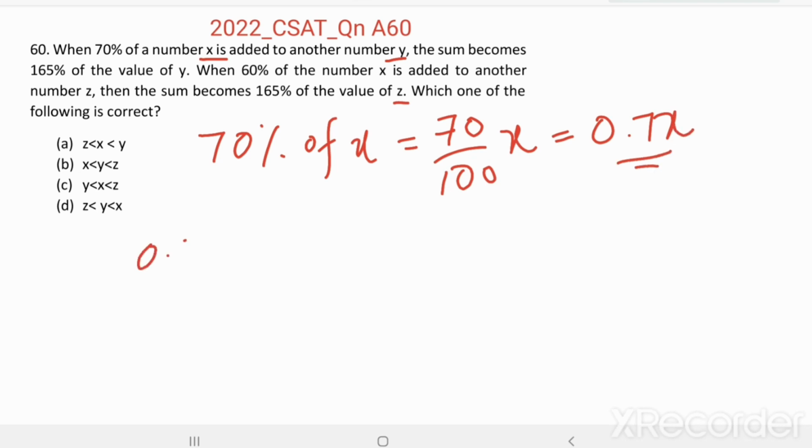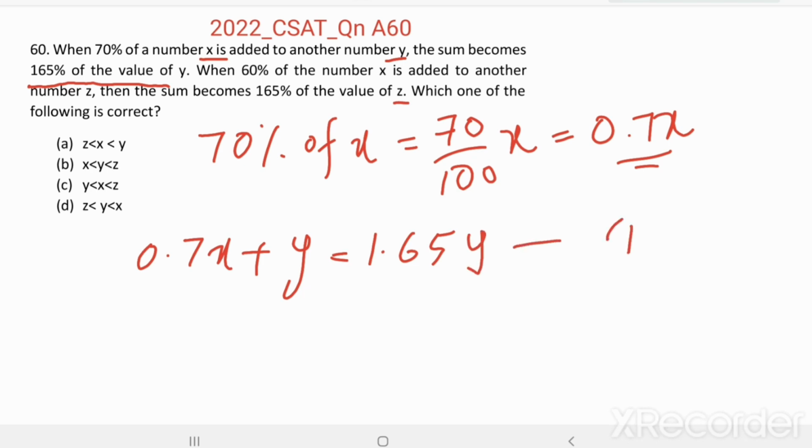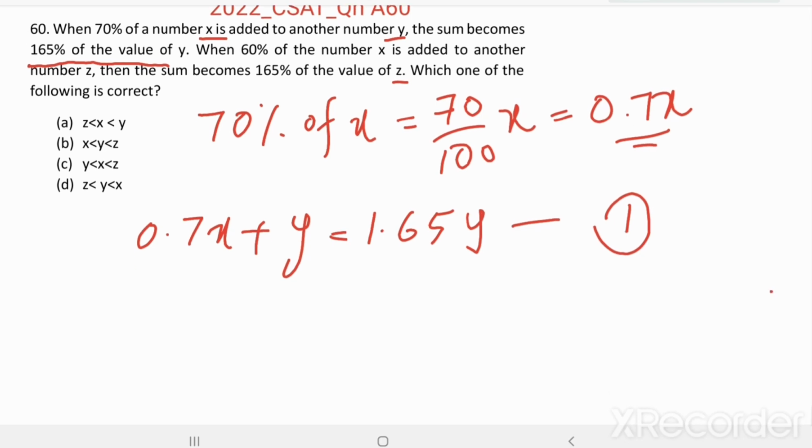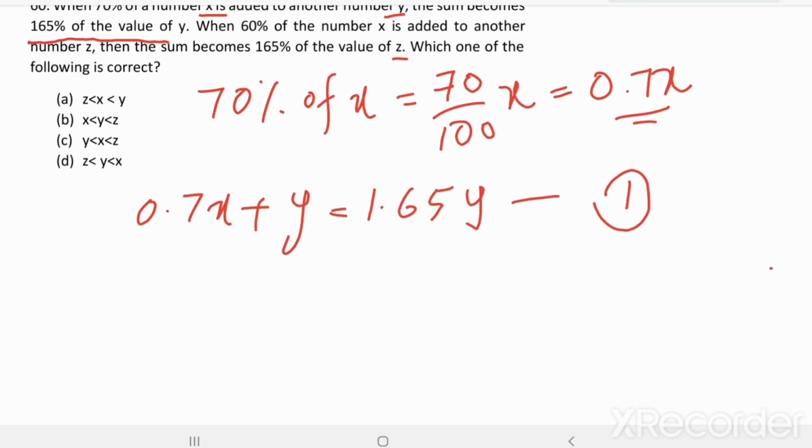So 0.7x is added to another number y. The sum equals 165% of the value of y. So 165% equals 1.65y. This is equation 1. Now see the second statement. When 60% of the number x is added to another number z, the sum equals 1.65z.